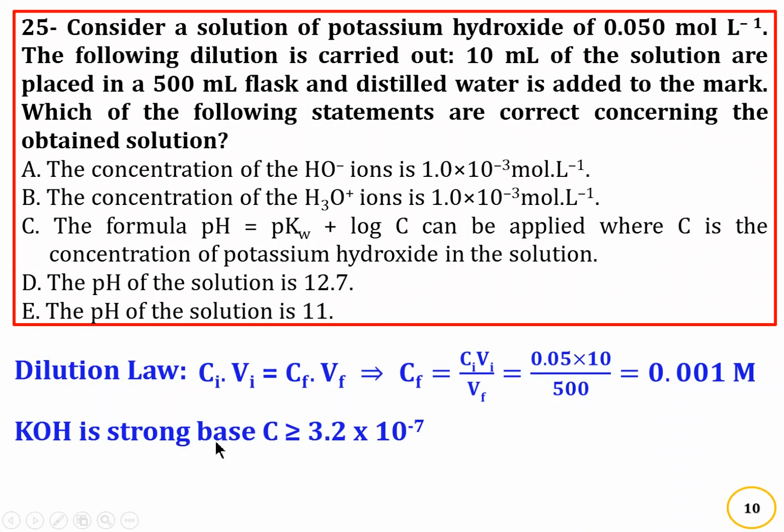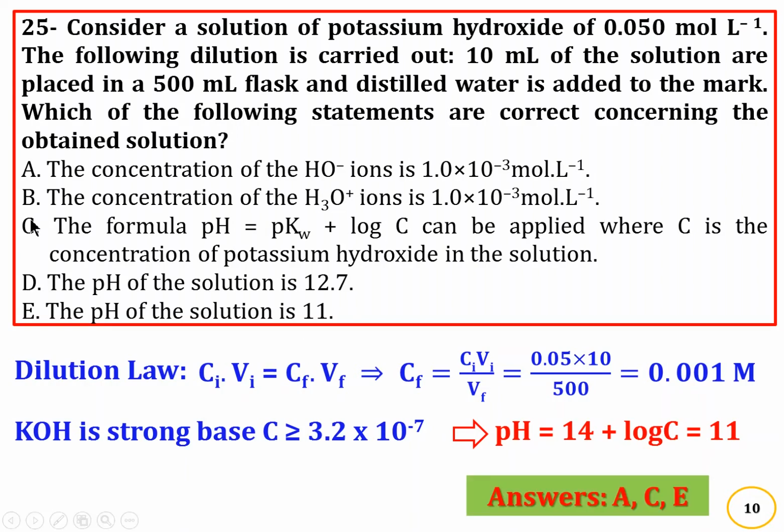KOH is a strong base, and the concentration is greater than 3.2 × 10^-7 molar. So the formula applied is pH equals pKw plus log C. So the pH equals 14 plus log 10^-3, so 14 minus 3 equals 11.